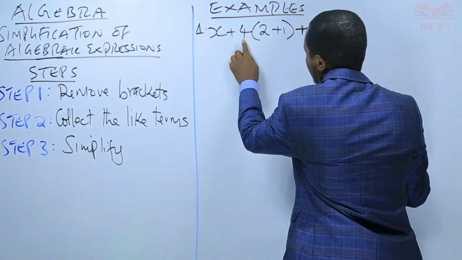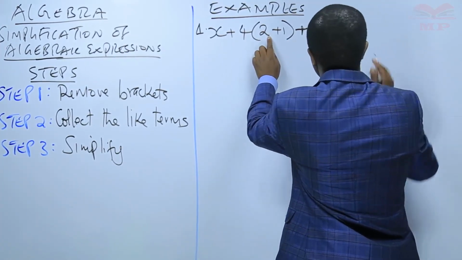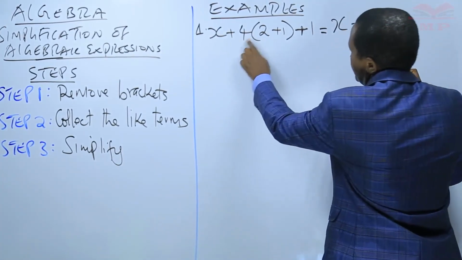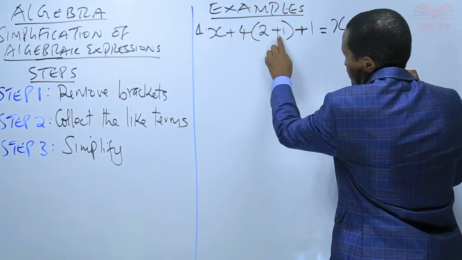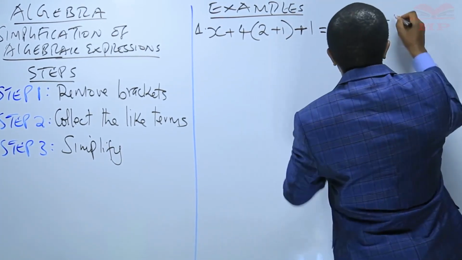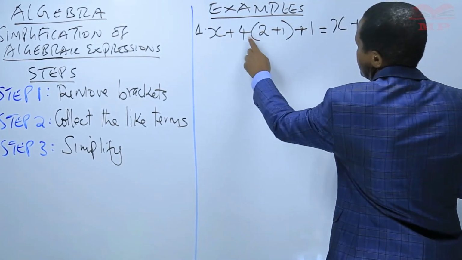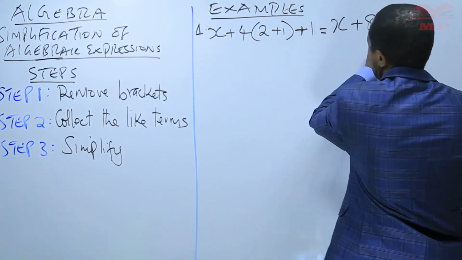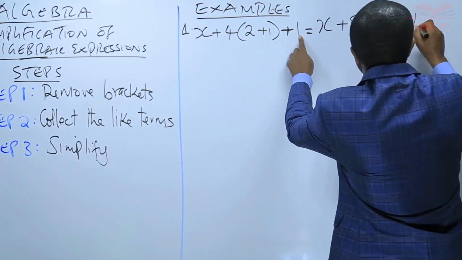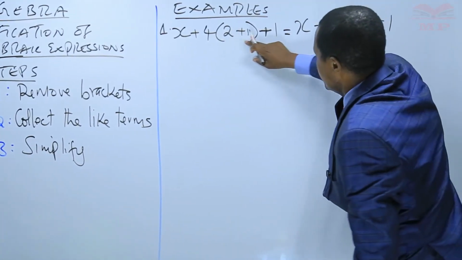So we'll have 4 times 2, which is equal to 8. Then 4 times 1. Then there's a positive sign here. So we'll have plus 4. 4 times 1 is equal to 4 plus 1. So we have removed this bracket.